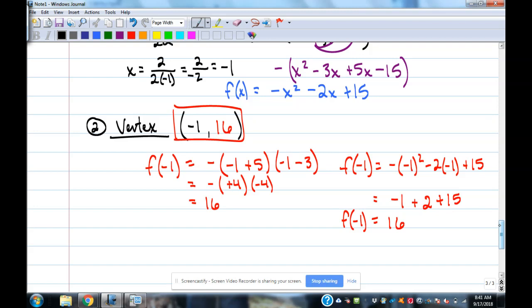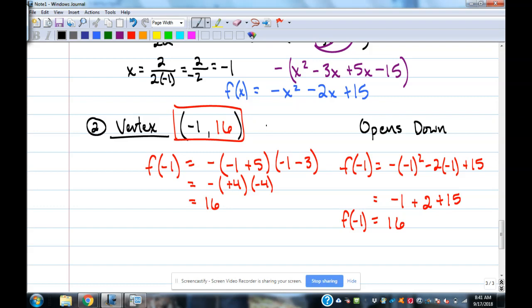Now we need to decide, is that a maximum or minimum? So we need to know which direction does this parabola open. Does it open up or open down, and why? It's based on A. A is negative, so this one's going to open down, which would mean that vertex is going to be at the top.